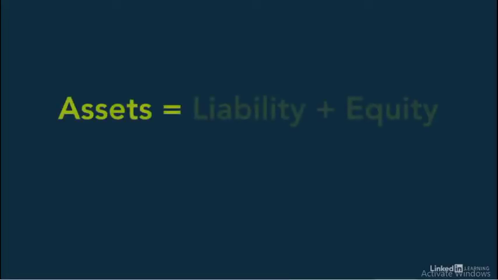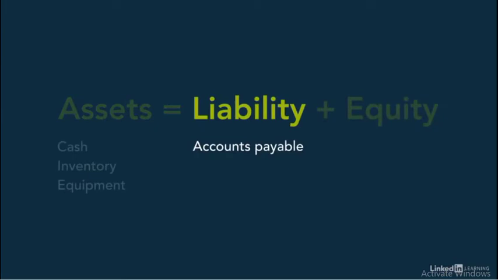Now, back to examples. The accounting records also include the liabilities of a company, obligations that will require a future sacrifice, usually by paying cash. Now, a good example of a liability is accounts payable. For example, when Walmart buys inventory, the company promises its suppliers, Procter & Gamble or Black & Decker or whomever, that they'll pay in the future.